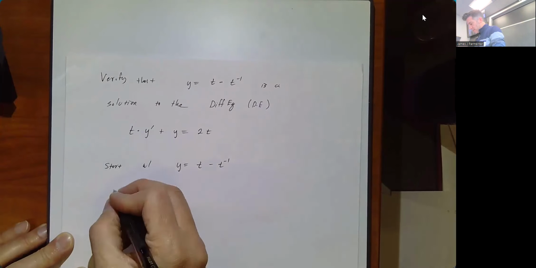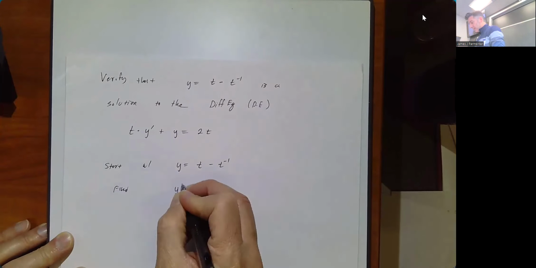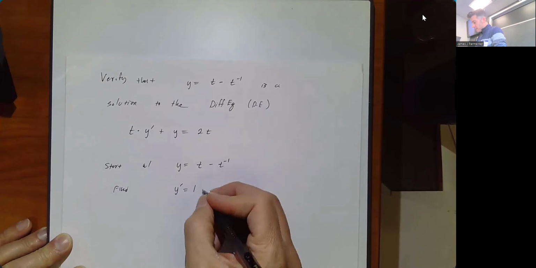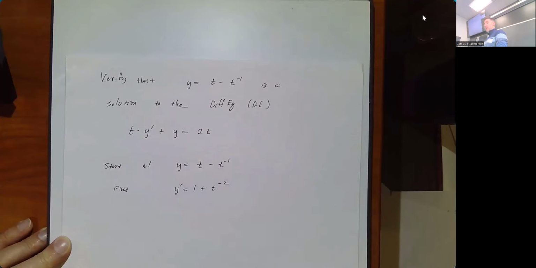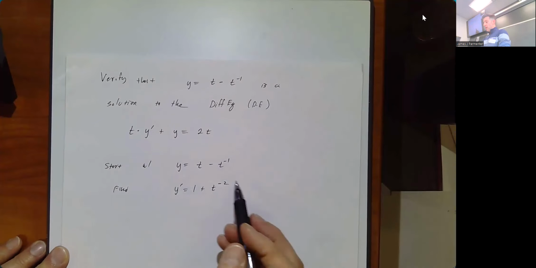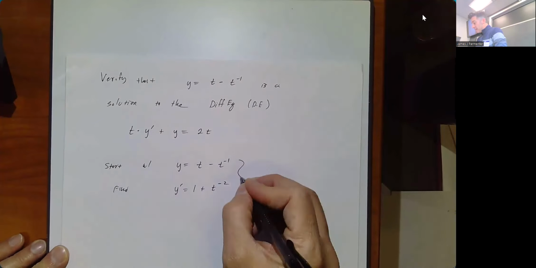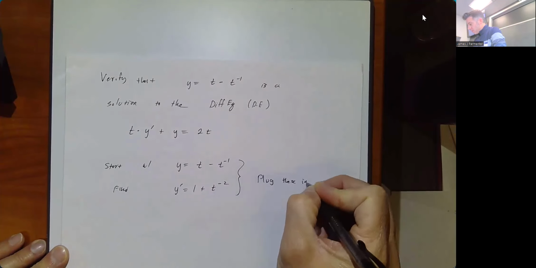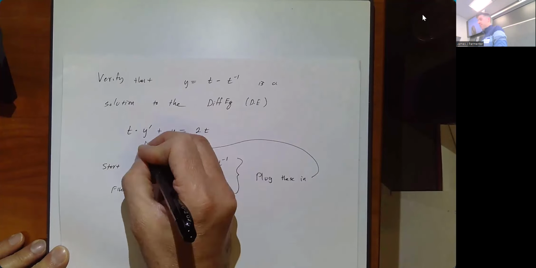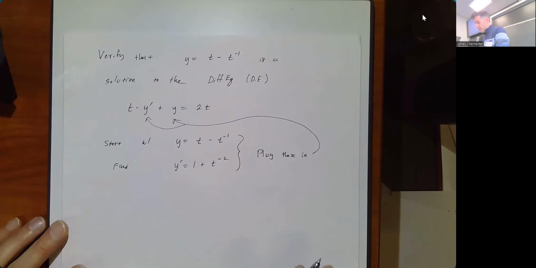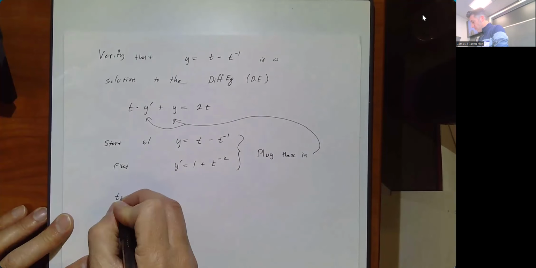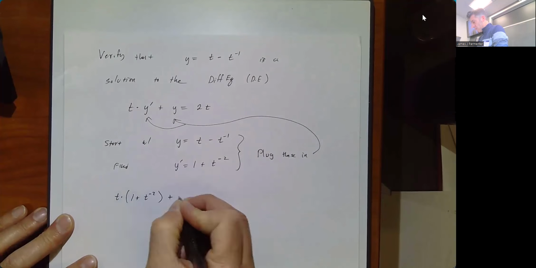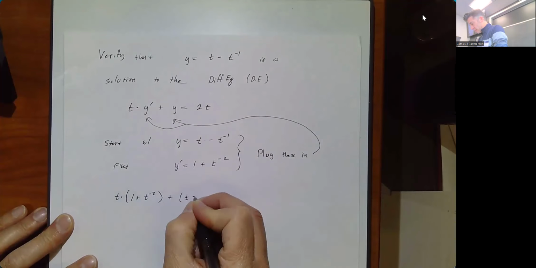So I'm going to find y prime. That's not too terrible. I'm just going to take the derivative. It's going to be 1 plus t to the negative 2. And then after you found all the things that appear there, plug these in where appropriate. So if I plug those in, t times y prime, that's t times 1 plus t to the negative 2, plus y, t minus t to the negative 1.